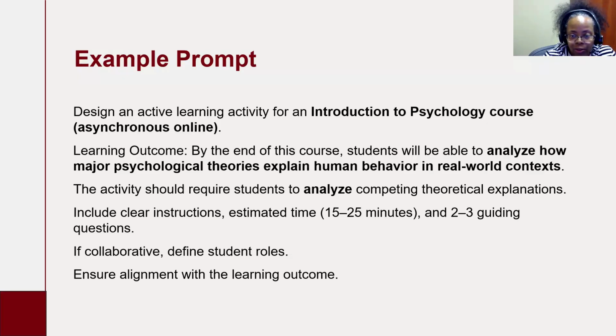Then we explicitly require analysis. This prevents the AI from defaulting to summary level tasks. Then we ask for clear instructions, a defined timeline, guiding questions, defined roles for students if this happens to be a collaborative activity that Gen AI generates, and strong alignment with the learning outcome that's provided.